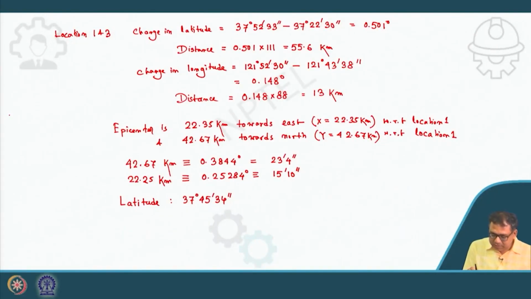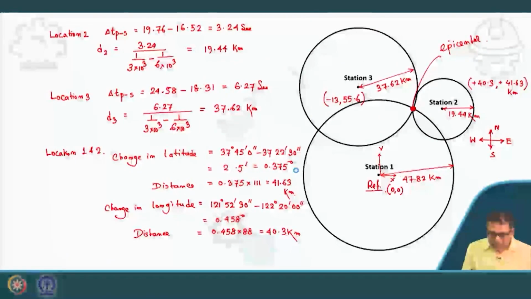Similarly for the longitude, it will be 122 degree 7 minute 40 second. Why? Because it is 15 minute 10 second, so I have to add or subtract. As it is towards the east, I have to add it. Here you can see station 1 is 121 degree 52 minute 30 second.